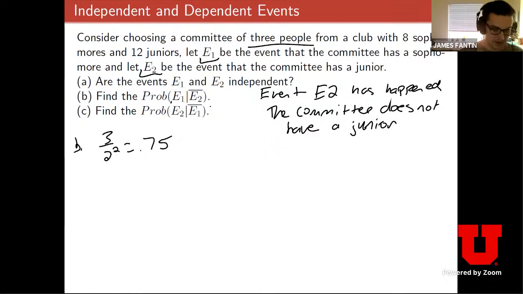So we know that the committee does not have any juniors on it. So the probability that there is a sophomore on the committee is just 1. It's 100% chance this happens. And why? Because we know that the committee doesn't have any juniors on it. The only other option for the committee is to have sophomores. So any questions on this about why this probability is 1?